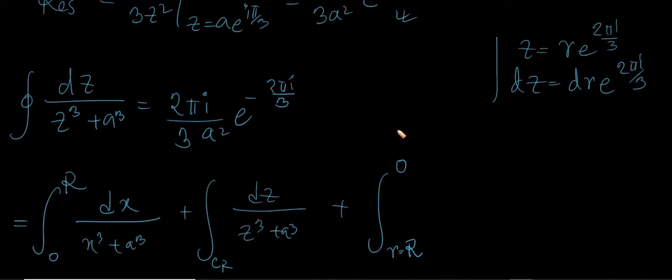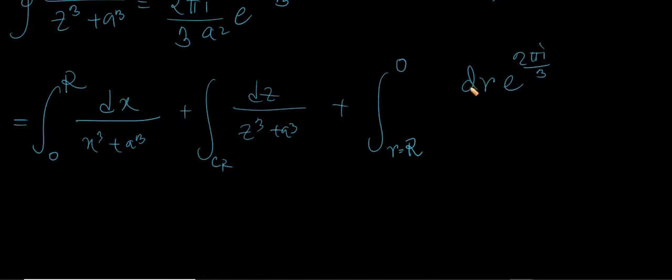Okay, so let's put these things in this integral and write it over here. So this will just be dr e to the power 2 pi i by 3, and we'll have r e to the power 2 pi i by 3 whole cube plus a cube, right? Now we need to simplify all these things.